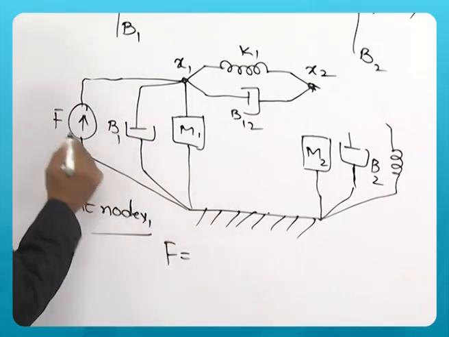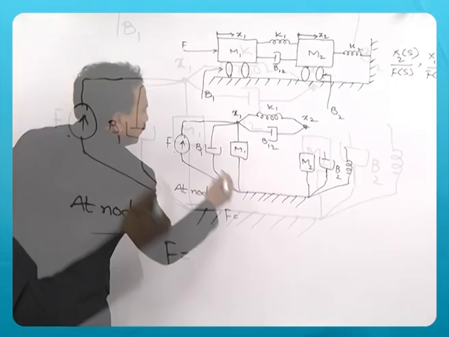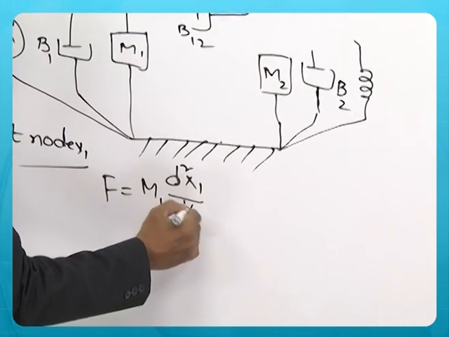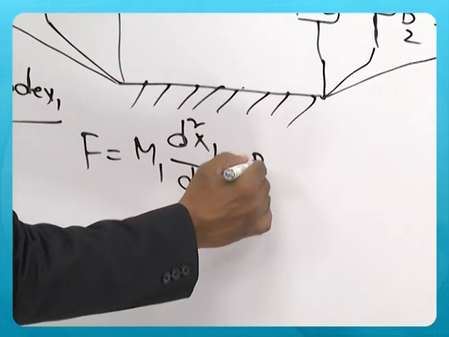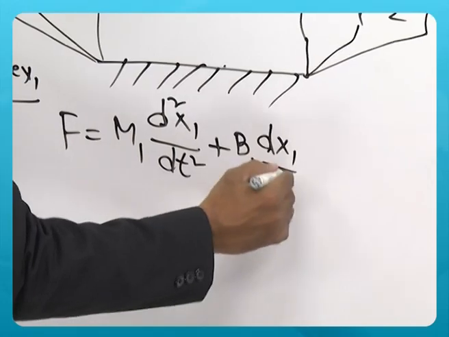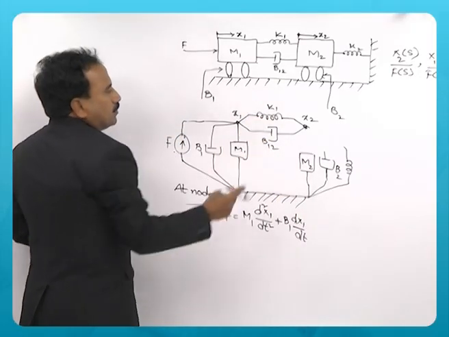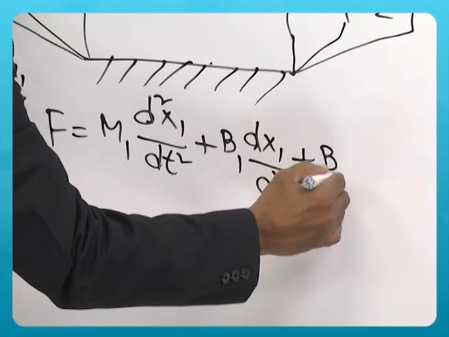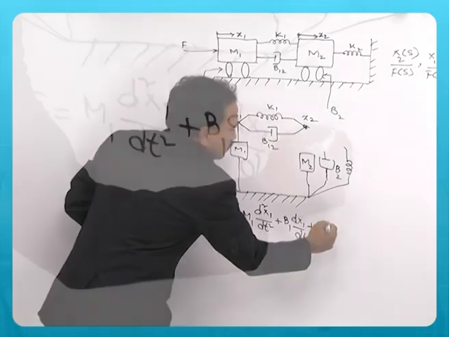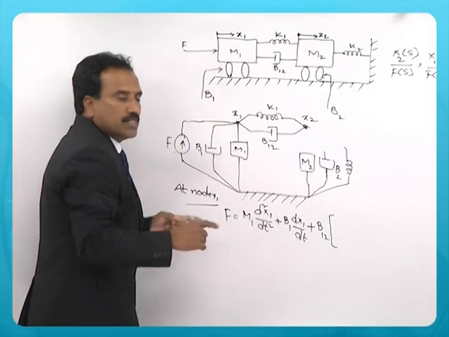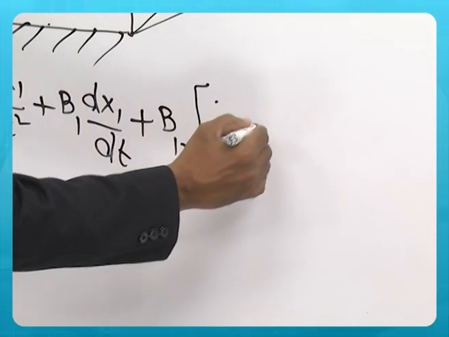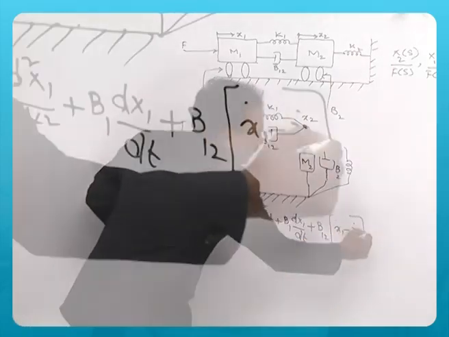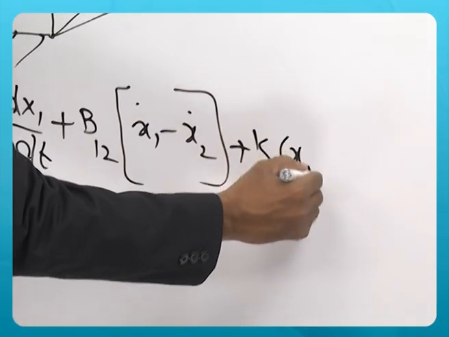So, F, the applied force, is equal to m1 acceleration term and friction term, and these two are associated to one displacement. Plus B12 that exists between two displacements, so the difference in the velocities, x1 dot minus x2 dot, and K1 is also there, K1 into x1 minus x2.